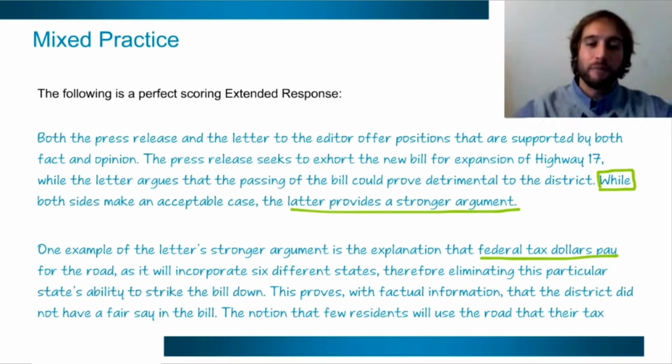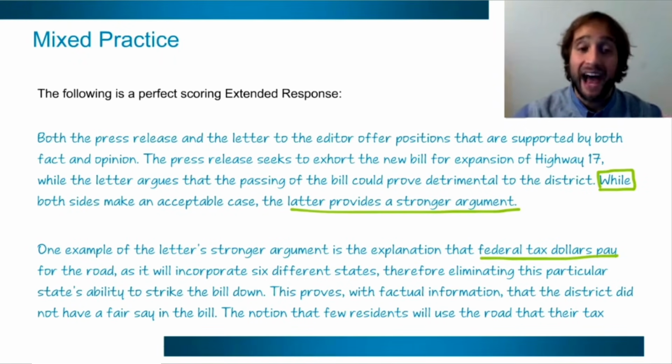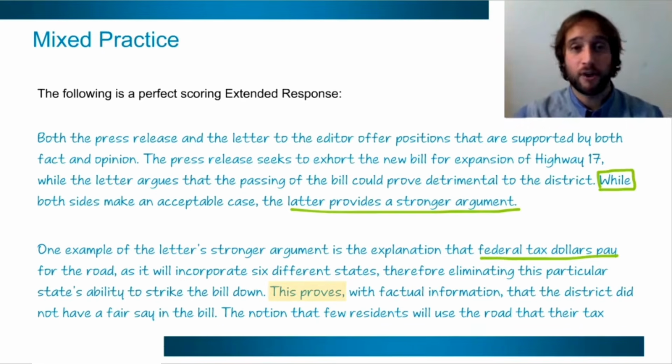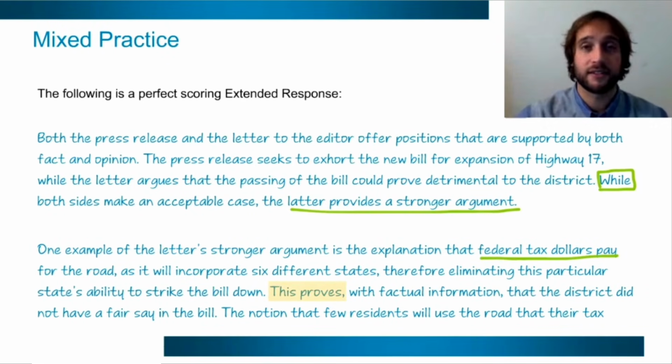Okay, now remember, once we introduce the core idea, the core piece of evidence we're going to address, we need to explain how it supports the position. We do that here in this next sentence. This proves, that's a little bit strong language, but it's still good. It's still getting us to where we want to be.